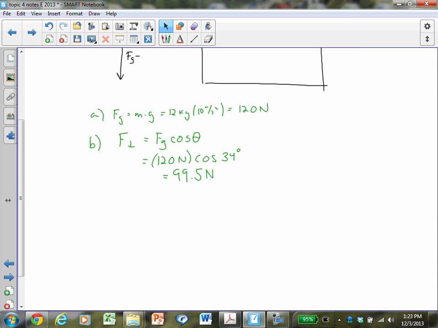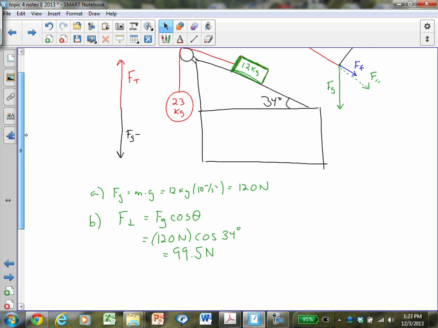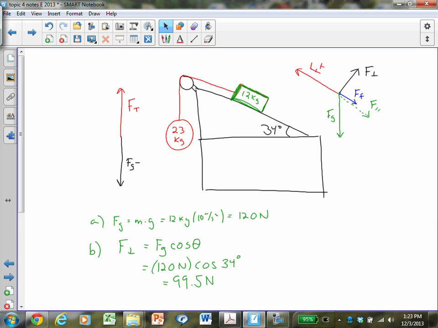Then it says, what is the resultant of the answers from A and B, and what is this force called? Anybody know? You can't just add them like that. Well, they're vectors, right? One of the vectors is this.